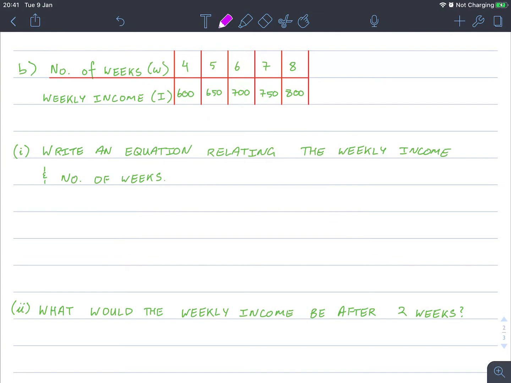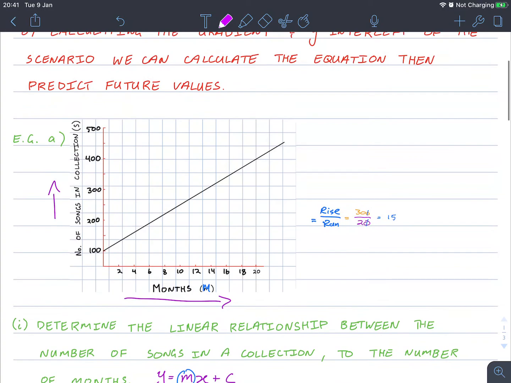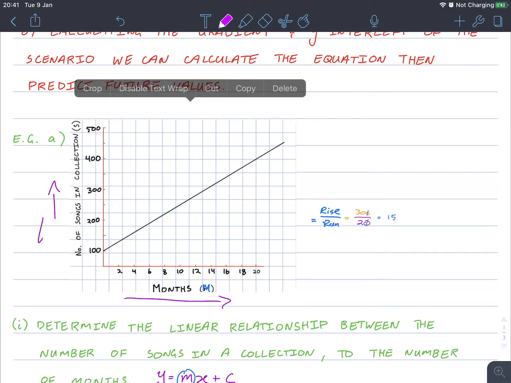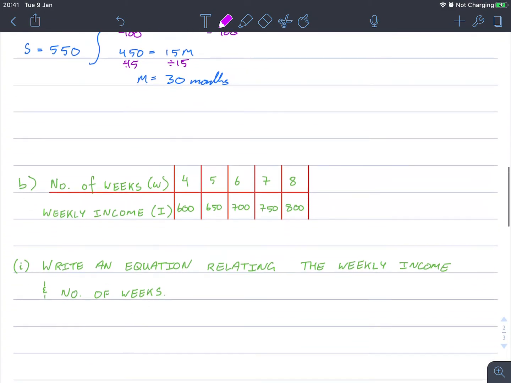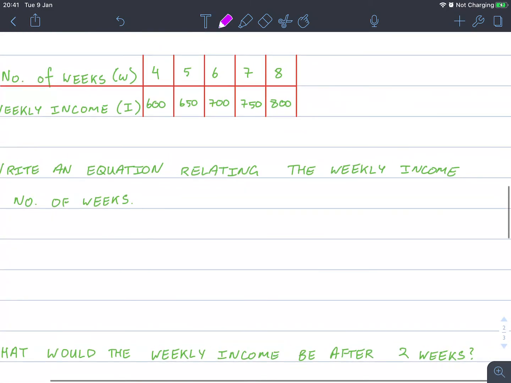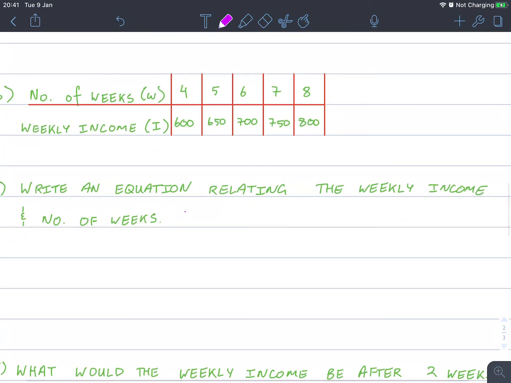Well, when it asks for an equation relating an independent variable and a dependent variable, much like we had here, our independent variable along the x and our dependent variable along the y. Okay, because we have this, we know that our relationship is going to eventually look like y equals mx plus c.